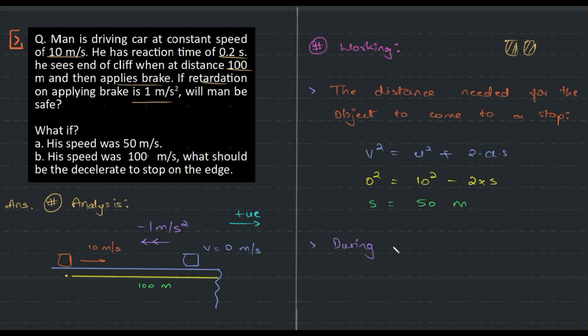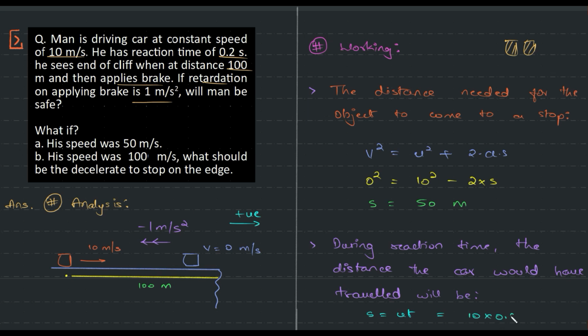So during the reaction time, the distance the car would have traveled, I hope you guys are understanding in what direction I'm going, I can use s is equal to ut plus half at squared, or just s is equal to ut, because there's no acceleration, there's no deceleration over here. So 10 into 0.2, that is 2 meters.